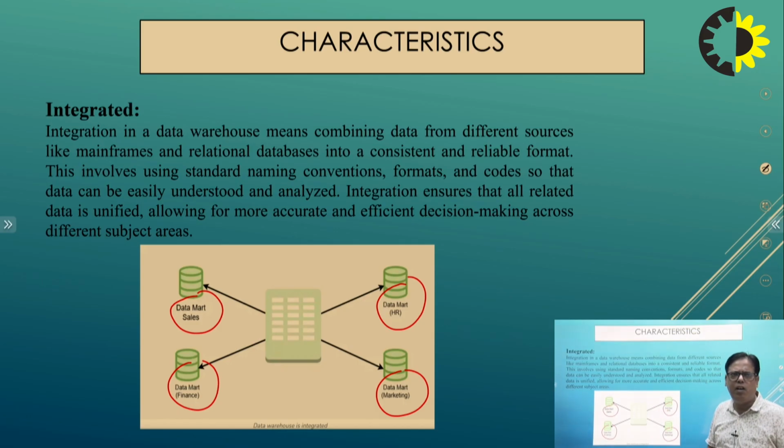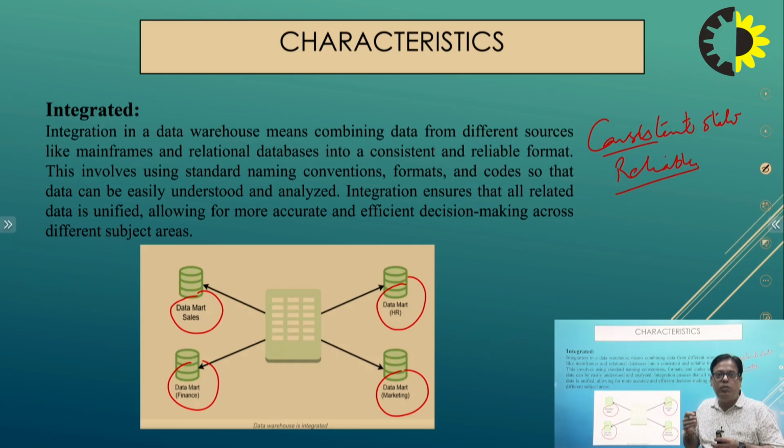Integration in a data warehouse means combining data from different sources, like mainframes and relational databases, into a consistent and reliable form. We already discussed consistent state and reliability in the ACID properties. Consistent state means the database reduces the redundancy of data.